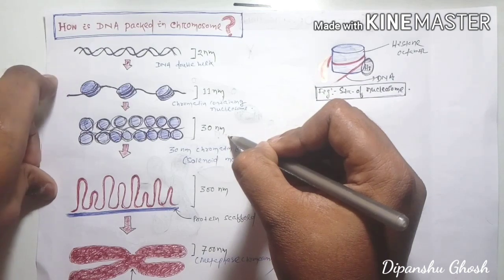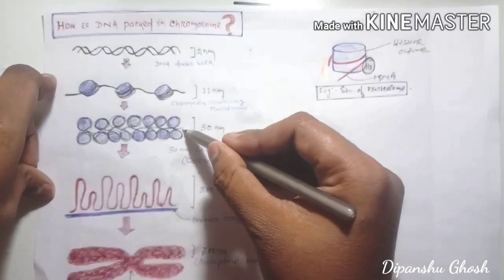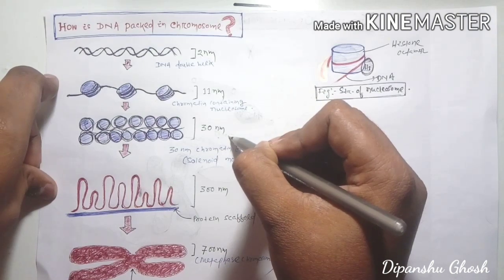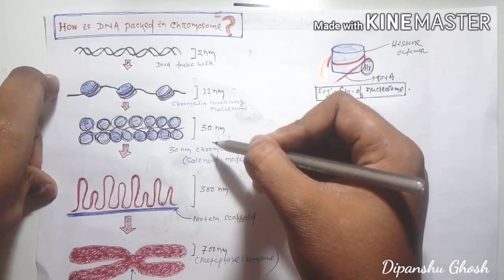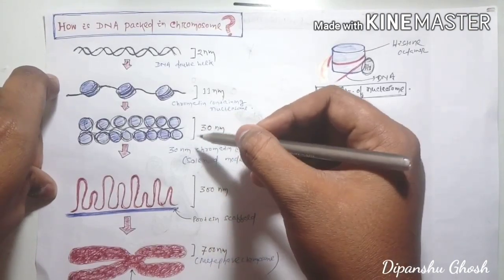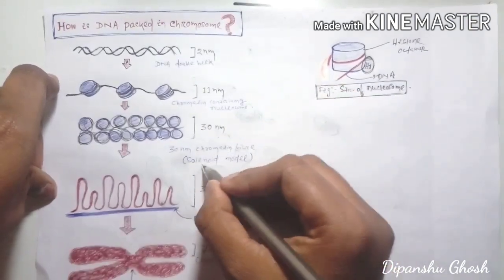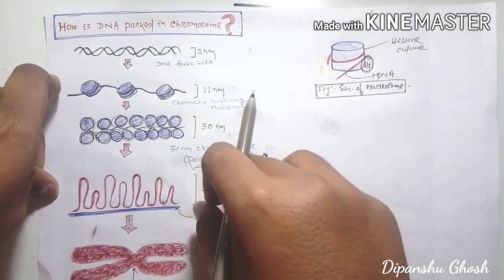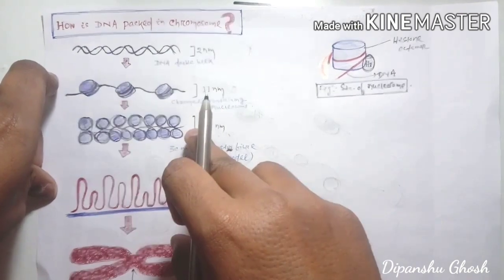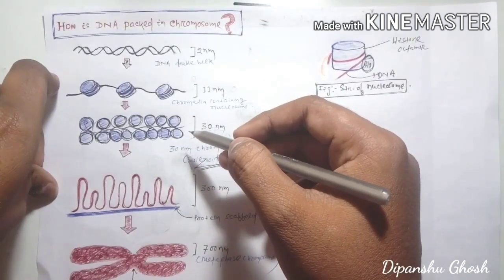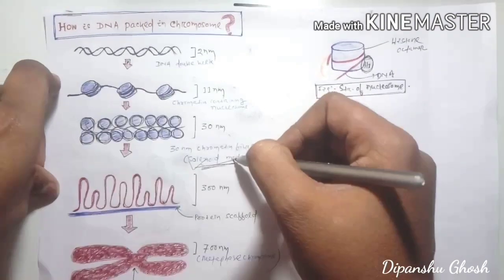In this phase, this chromatin will be called the 30 nanometer chromatin, right? Sometimes this 30 nanometer chromatin structure is also called the solenoid model. This is also important. So your 30 nanometer chromatin fiber is popularly called the solenoid model.